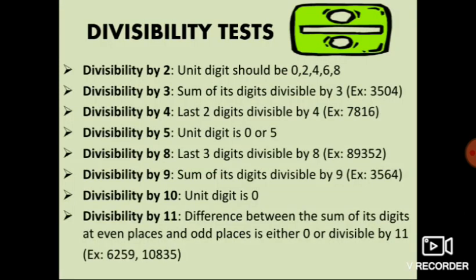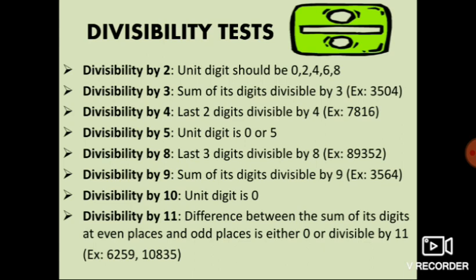Next is the divisibility test. How to check if a number is divisible by 2? Easy. The units place should be either 0 or 2, 4, 6, 8. Then surely the number will be divisible by 2. Next is divisibility by 3.